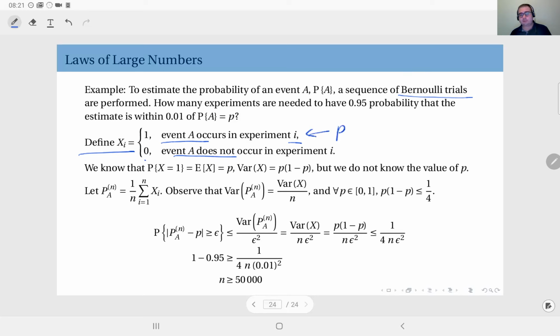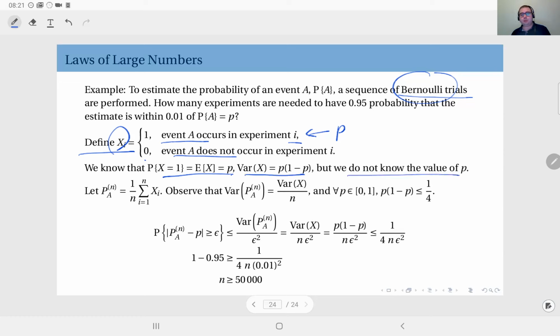But we do not know the value of P. Incidentally, the mean of a Bernoulli random variable, which is x sub i here, is also equal to its parameter P. And also we know that the variance is equal to P times 1 minus P. The problem is we do not know the value of P.